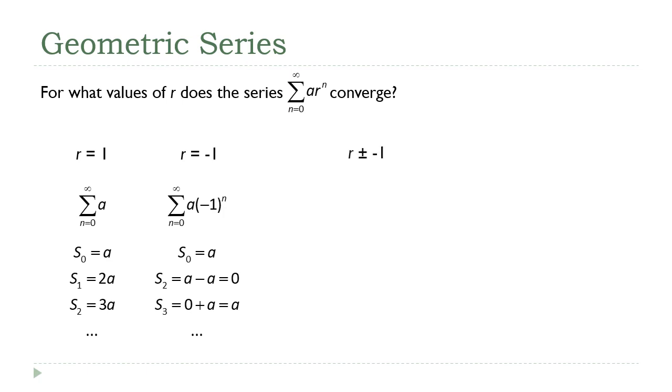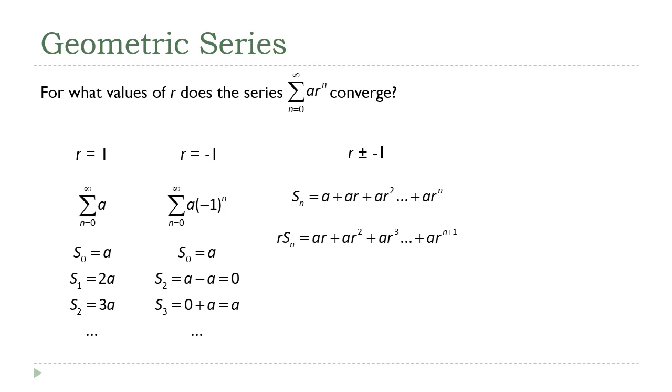Okay, well, how about when it's not one of those two values? Okay, well, what's the nth partial sum? Well, it's a plus ar to the first plus ar squared plus so on out to ar to the n. Right, so here's what I'm going to do. I'm going to multiply both sides of this by r. Right, if I do that, the left side is r s sub n.